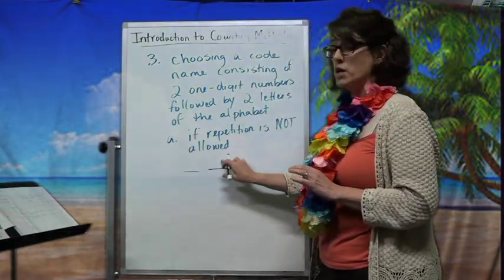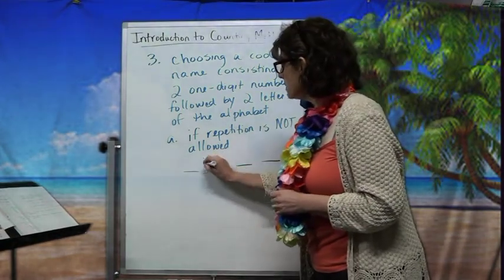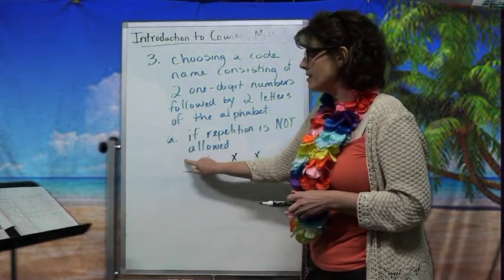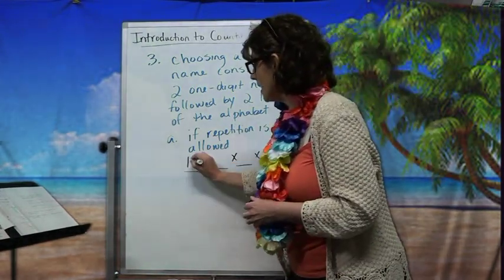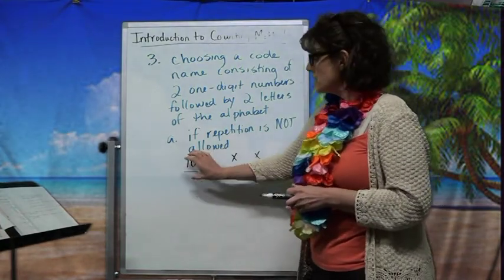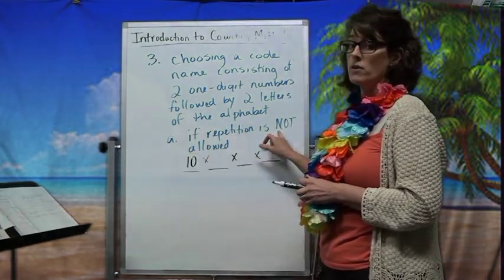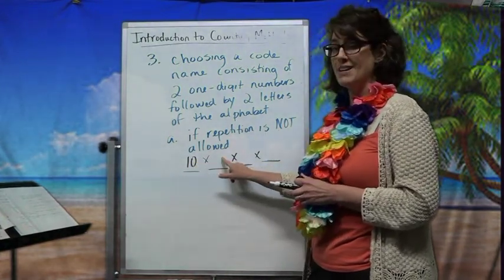These are the 2 1-digit numbers, and then here's the letters of the alphabet. Well, if repetition is not allowed, then whatever number I select to put in here, 0 through 9, and remember that means I've got 10 options for this one, whatever number I pick here, repetition is not allowed. So let's say I pick a 2 to put in here, that means I can't put a 2 in here.